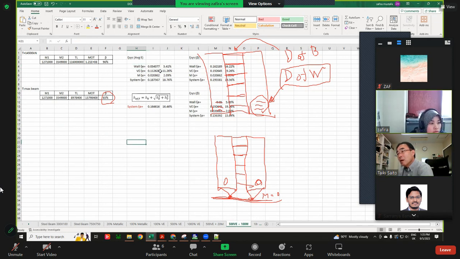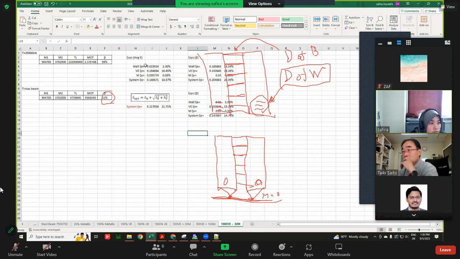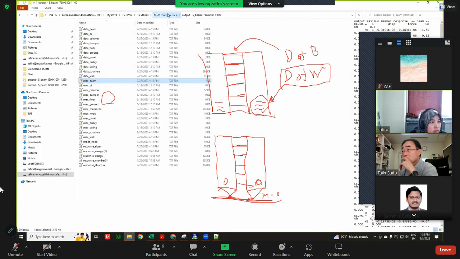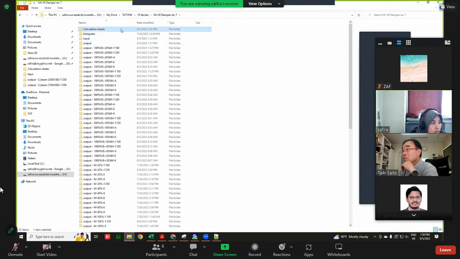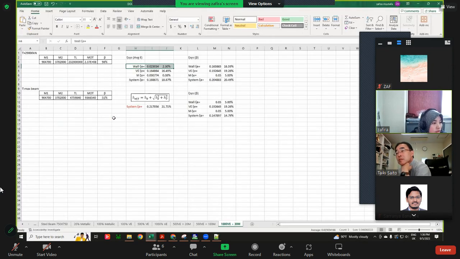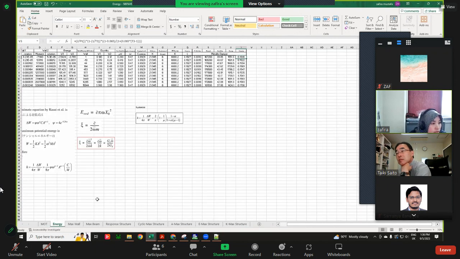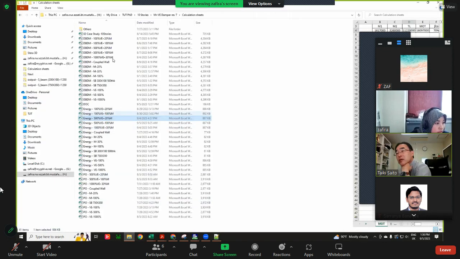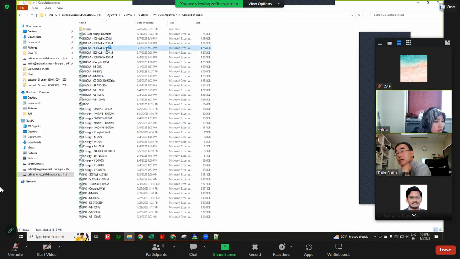This one also, and this one too, less than 5%. The energy for the wall is not so big. It's interesting.